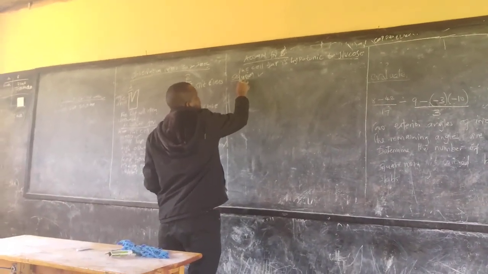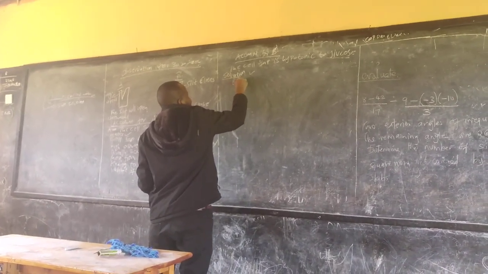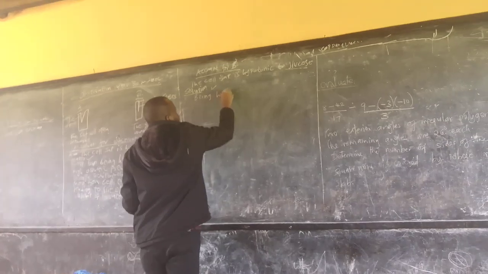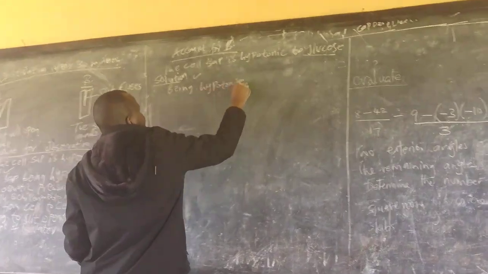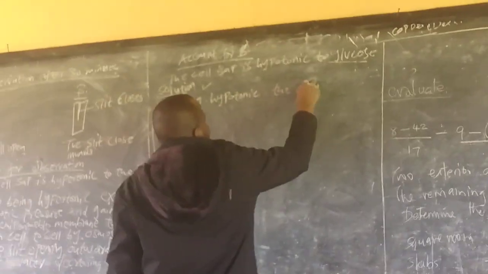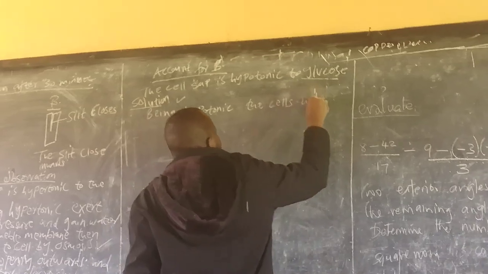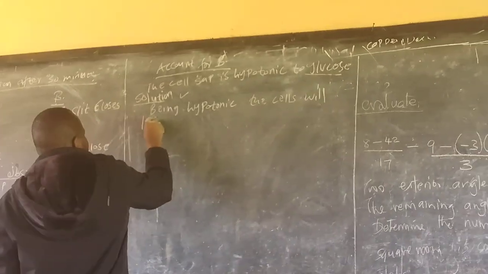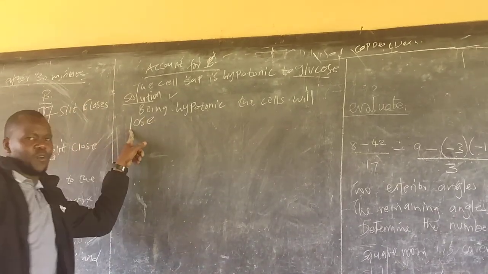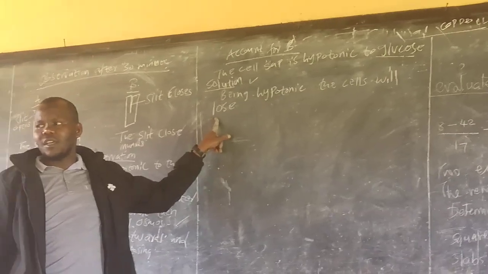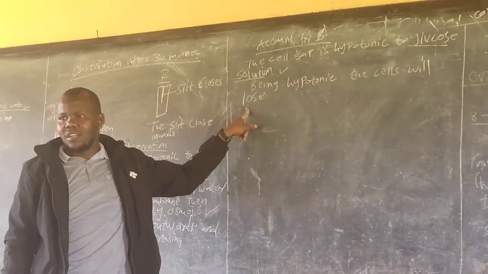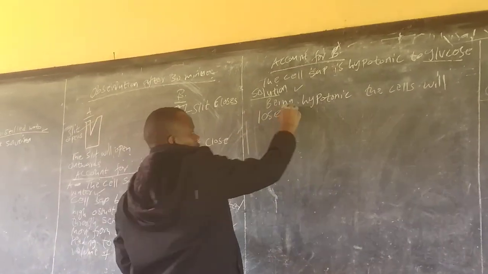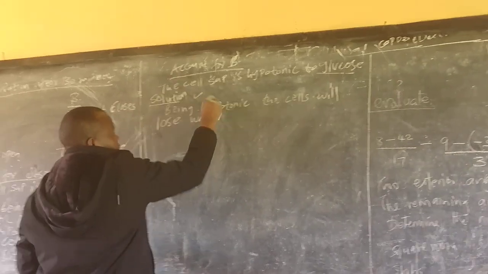The cells are being hypotonic. The cells will do what? Will lose. And you can check the spelling well. It's not L-O-S-S, it's lose, right? Lose what? Water.